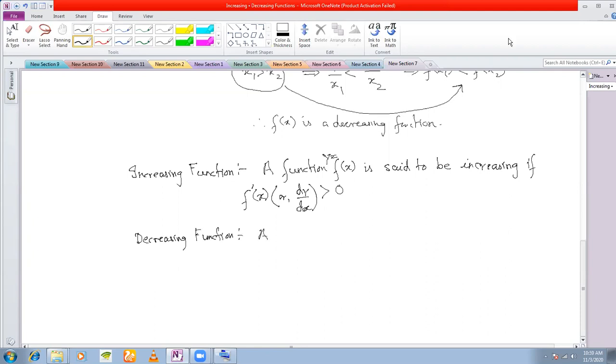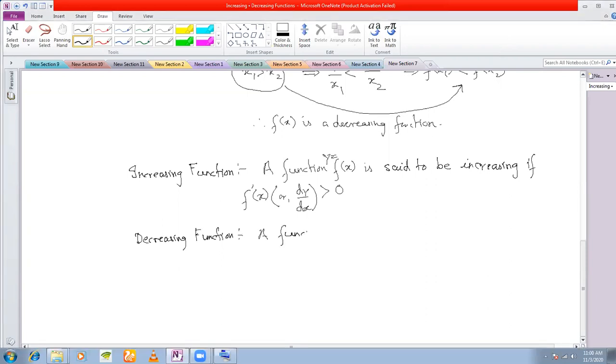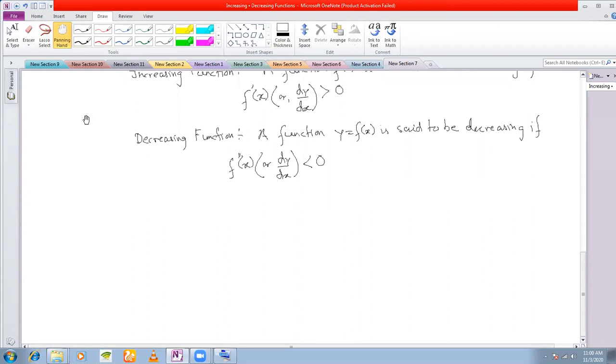The function y is equal to f(x) is said to be decreasing if f dash x or dy/dx is negative. Okay. Let us take two examples to illustrate how to check whether a function is increasing or decreasing with the help of derivatives.